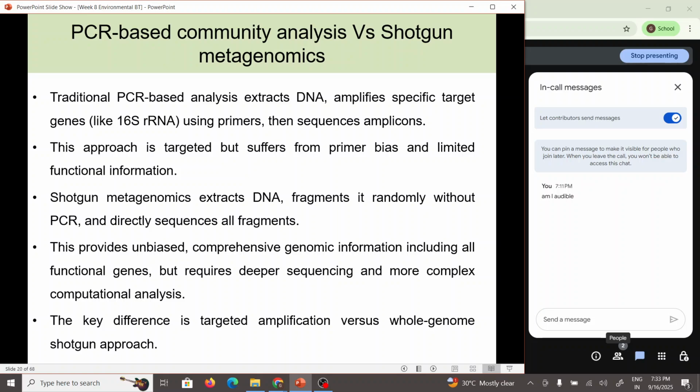Another thing is, when we sequence a large amount of DNA, we are going to get a large amount of data. So we have to go for more complex and rigorous computational analysis to get meaningful and complete information from the sequencing that we have done. The key difference is that PCR is a targeted, amplification based method, whereas shotgun sequencing is a whole genome approach.